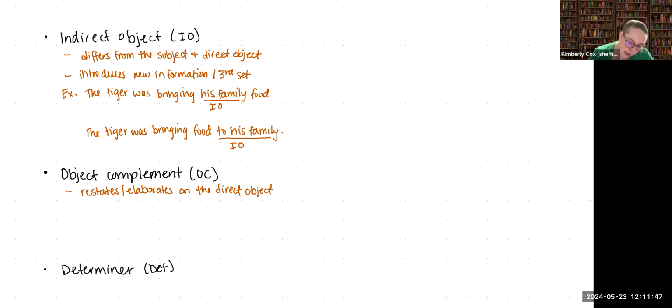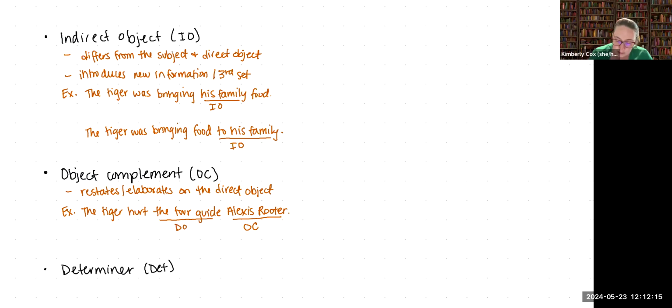So here is an illustration. The tiger hurt the tour guide Alexis Reuter. Okay. Alexis Reuter is your object complement, because tour guide is your direct object.